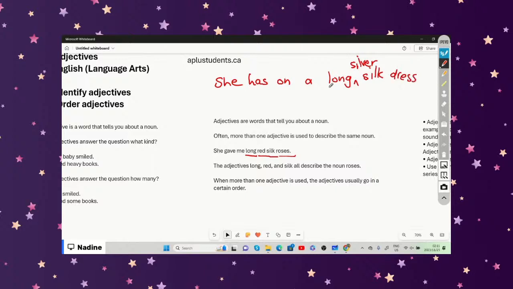Because now you are describing it in length, you're describing it in color, and you're also describing it in texture. That is how you can tell about a noun and order adjectives. But when it comes to ordering adjectives, we are going to learn more about it when we go on to our tutorial lesson.